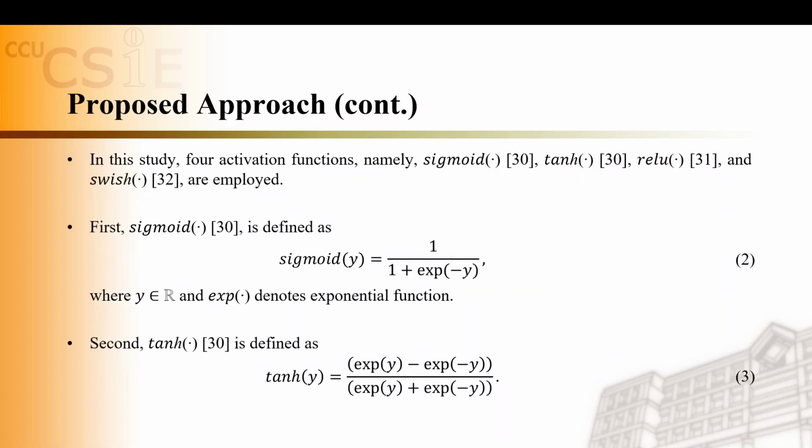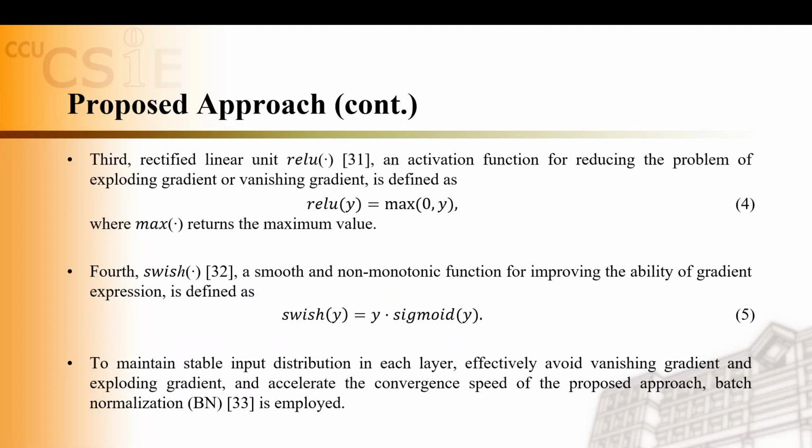In this study, for activation functions, namely sigmoid, TANH, ReLU, and Swish are employed. Sigmoid is defined as equation 2. TANH is defined as equation 3. ReLU, an activation function for reducing the exploding gradient problem, is defined as equation 4.